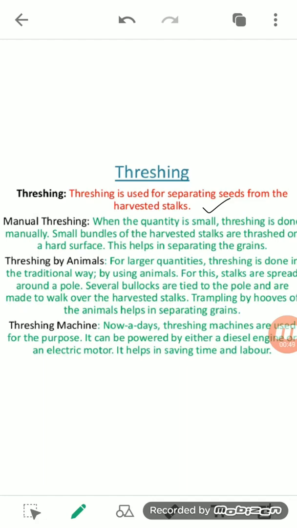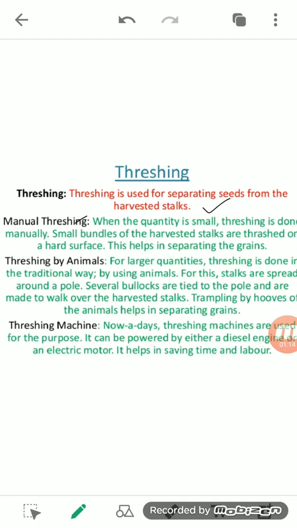I already said that this can be done either with the help of a machine or manually. If we talk about manual threshing, when the quantity is very small, the threshing is done manually.